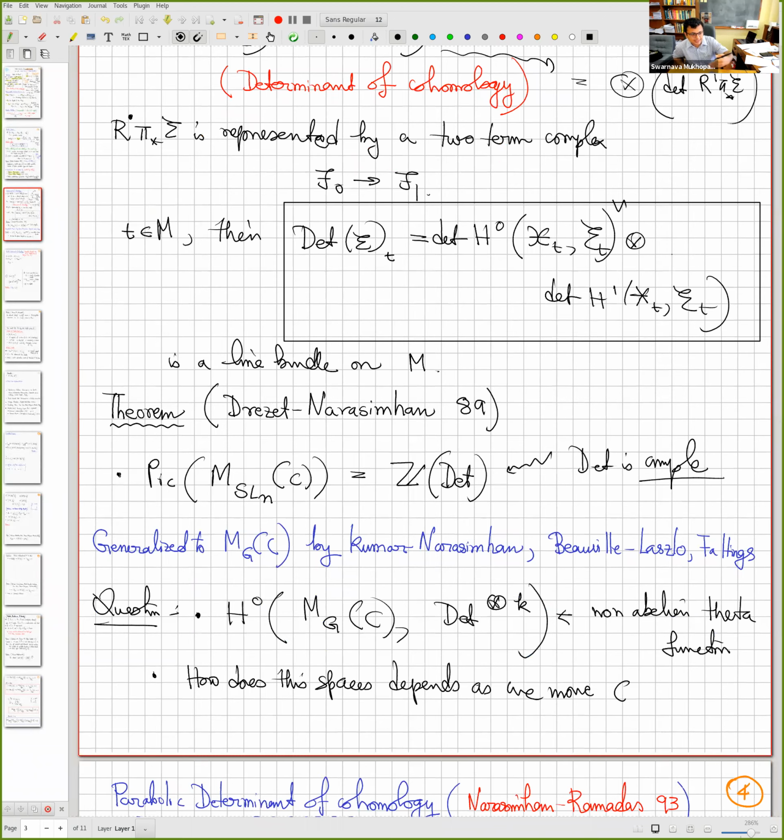The answer is that as you move C, these spaces glue together to become a vector bundle on the moduli space of curves, and in particular their dimensions are the same. So there is a formula known as the Verlinde formula, which computes the dimension of these spaces.